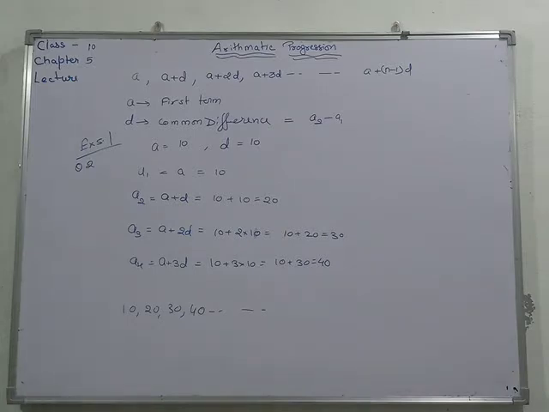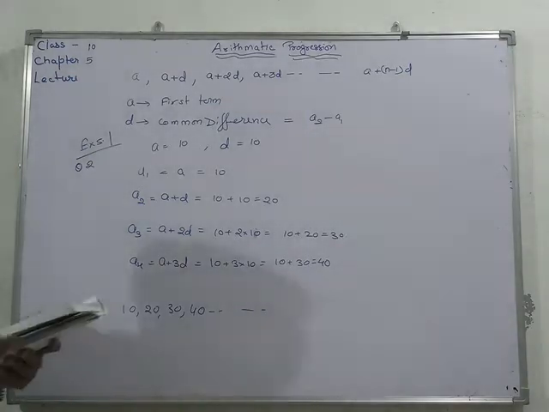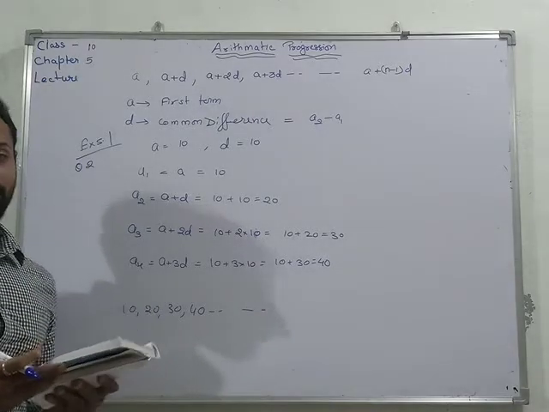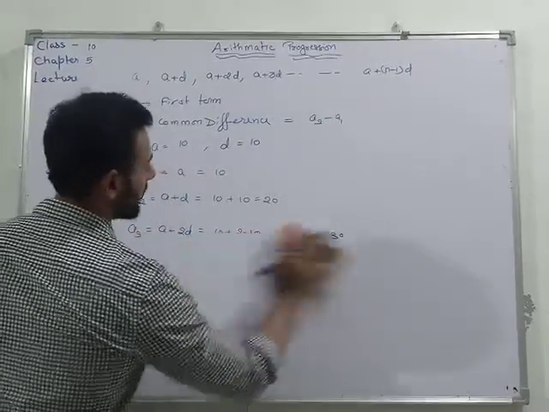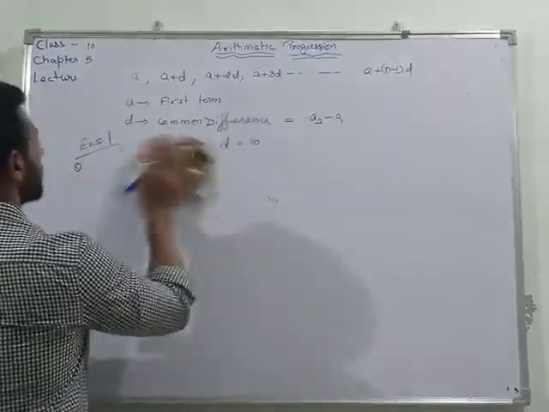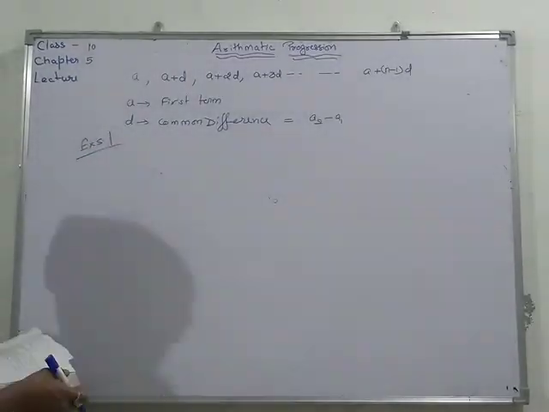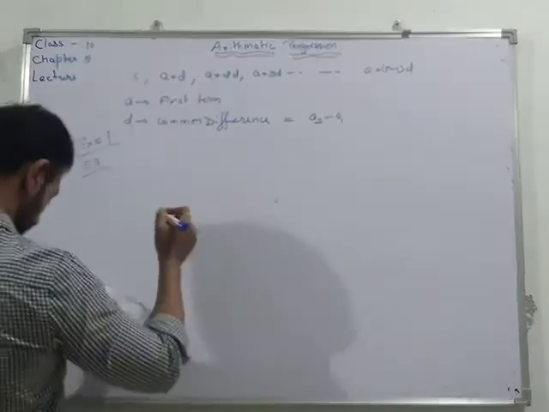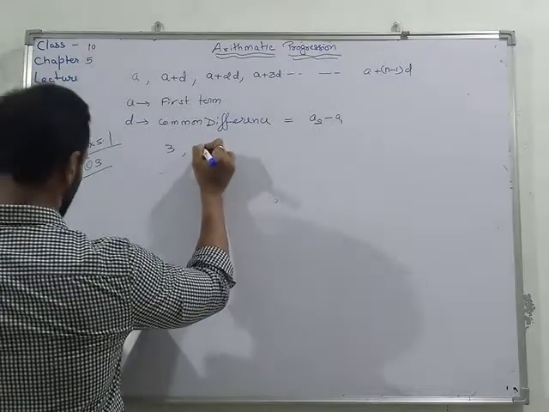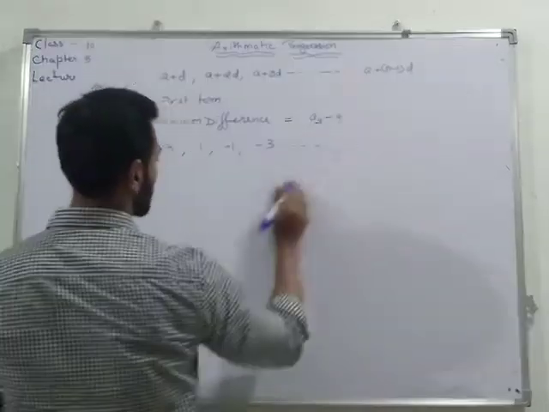Now let us see one more question, a similar kind of question. Question number 3 of exercise 5.1. For the following AP, write the first term and the common difference. Here AP is given to us and we have to identify the first term and the common difference. AP is given: 3, 1, minus 1, minus 3 and so on.